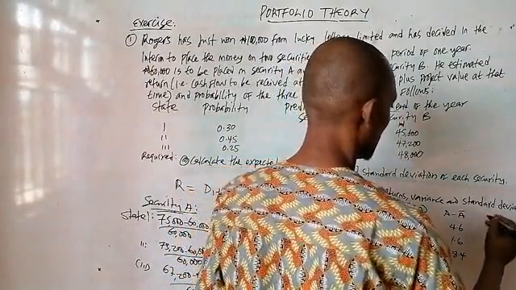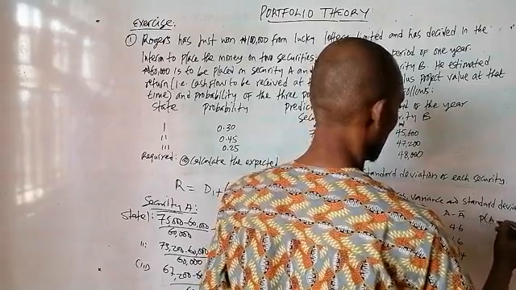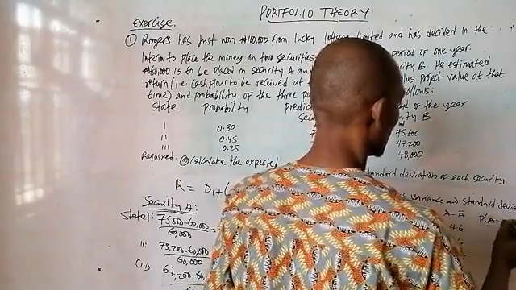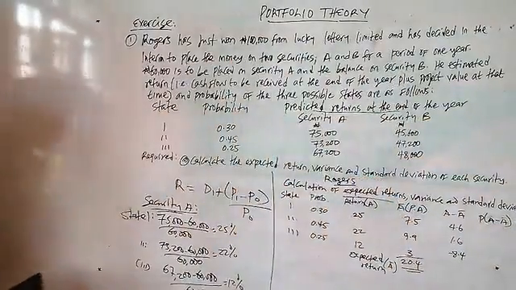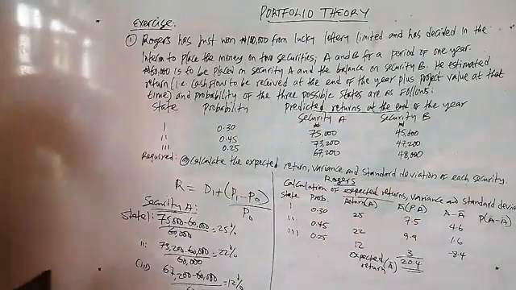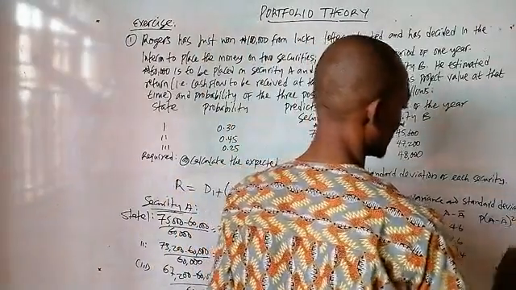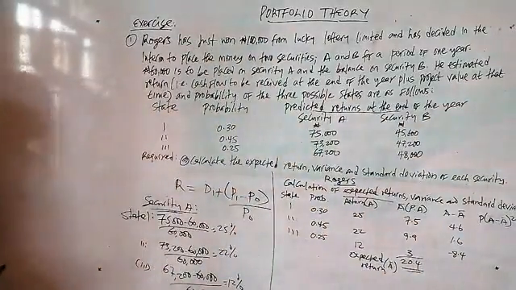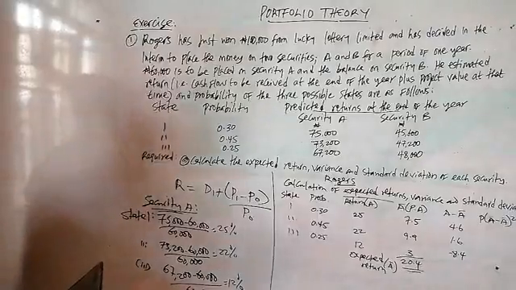So we have another column here: P times A minus A bar, squared. We square A minus A bar.